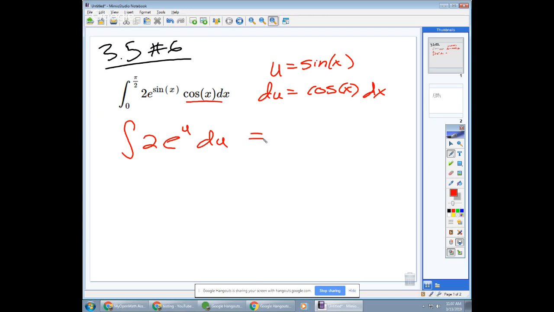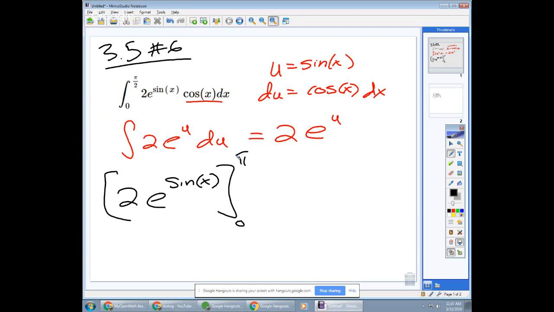Antiderivative for e to the u, e to the u. And u is really the sine of x, so switch back. So now we have 2e to the sine of x, and that's evaluated from 0 to pi over 2. So let's see, sine of pi over 2 is 1.